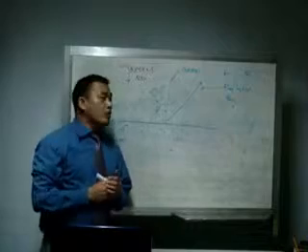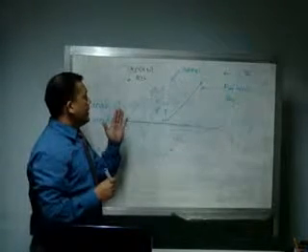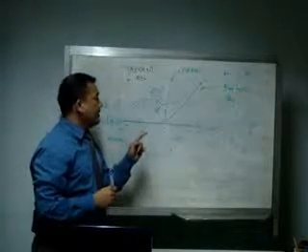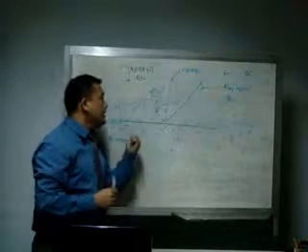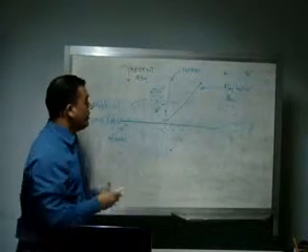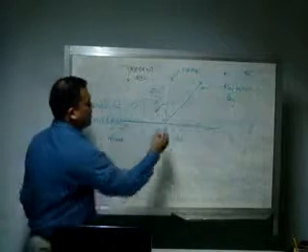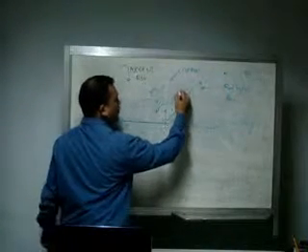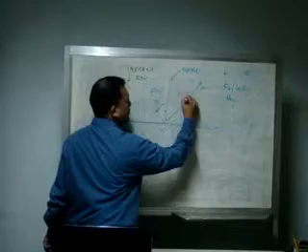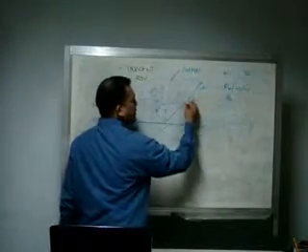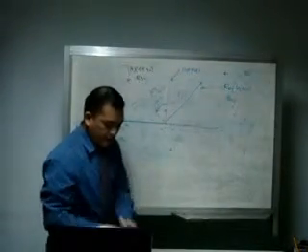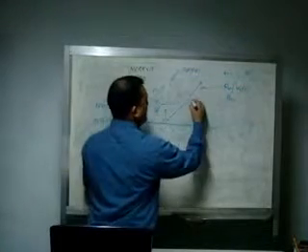Now, the reflected ray, the angle relative to the normal, we call the angle of reflection. We call it also theta sub 1. So this is the angle of reflection.